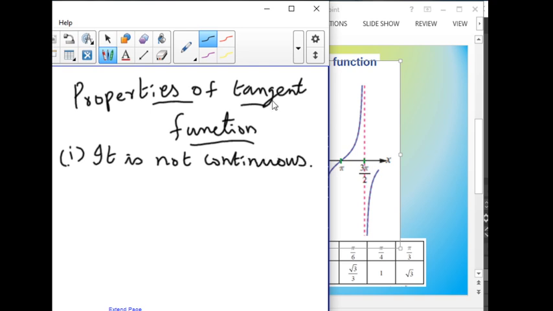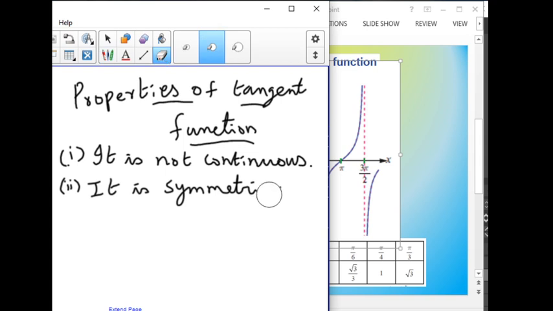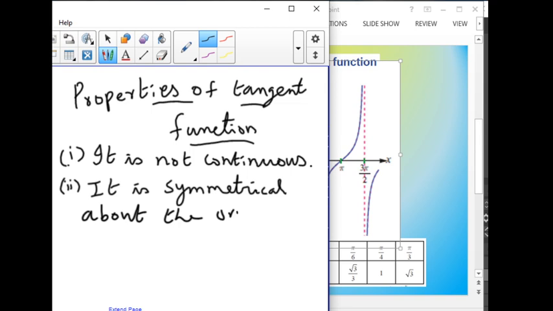Then the graph is symmetric about the origin. We have seen already that when the function is odd, it is symmetrical about the origin. Therefore, tan x is symmetrical about the origin.